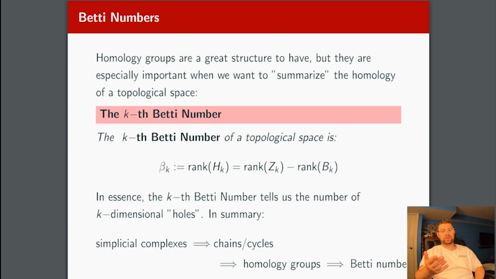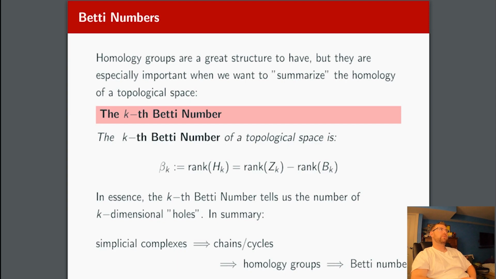It can also be seen as the difference of the rank of Z_k, the cycle group, and B_k, the boundary group. In a nutshell, the kth Betti number tells us the number of k-dimensional holes in that topological space.